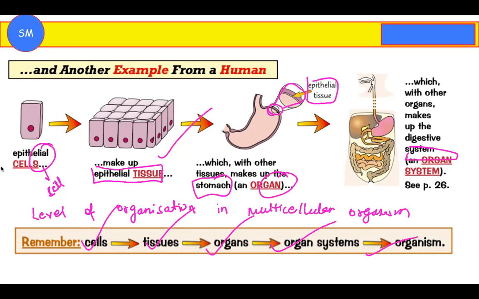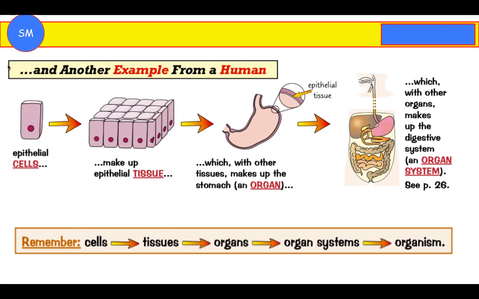Okay, we will do a quick revision of this. We have covered 2 topics in it, and it's very, very important. So we will do a quick revision in this lecture. So what have we seen about multicellular organism? Just imagine this is a whole organism, which we call a multicellular organism.